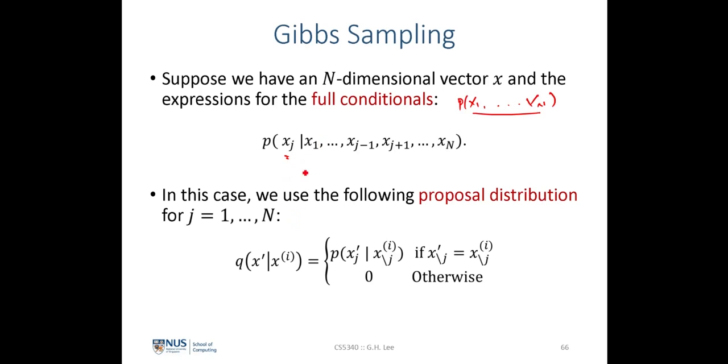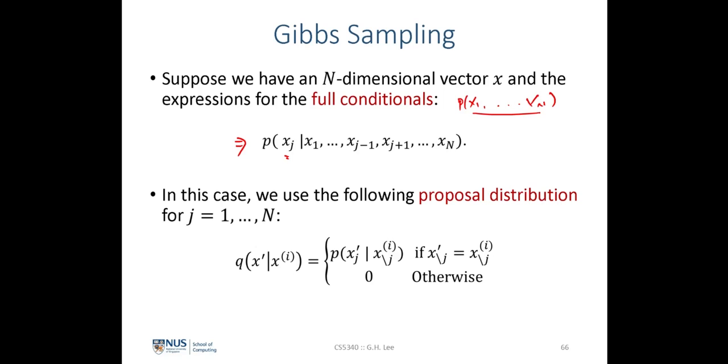So if we are able to write this conditional distribution for all the random variables, we can apply the Gibbs sampling algorithm, which is a special case of the Metropolis-Hastings algorithm. In this case, we'll use the following proposal distribution for all the random variables. We'll sample every random variable one by one, where we'll not sample everything as a set, in contrast to what we have seen earlier on.